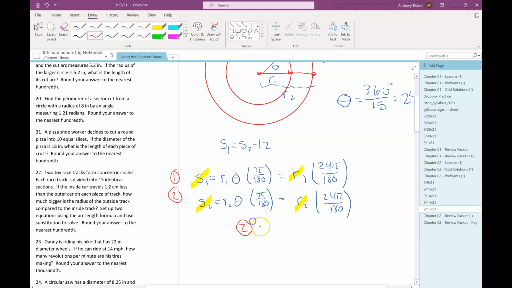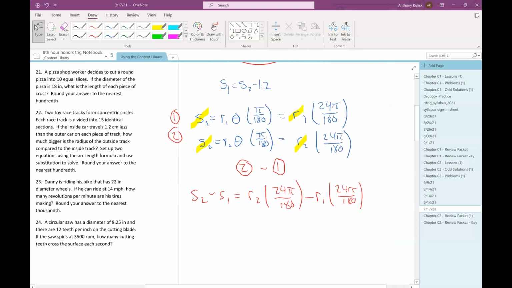So I'm going to take equation 2 and subtract from it equation 1. When I do that on the left-hand side, I have S2 minus S1. Then I have R2 times 24 pi over 180 minus R1 times 24 pi over 180. Okay with my substitution I've made there?